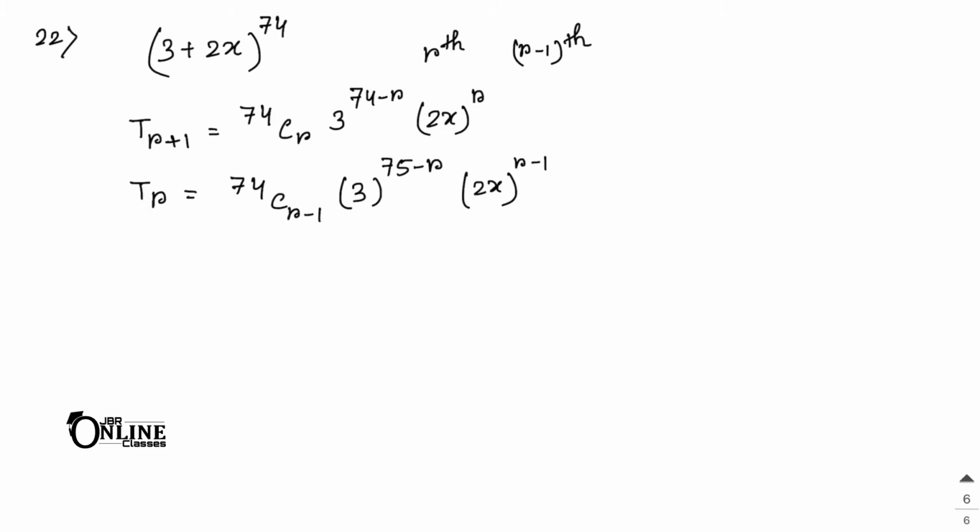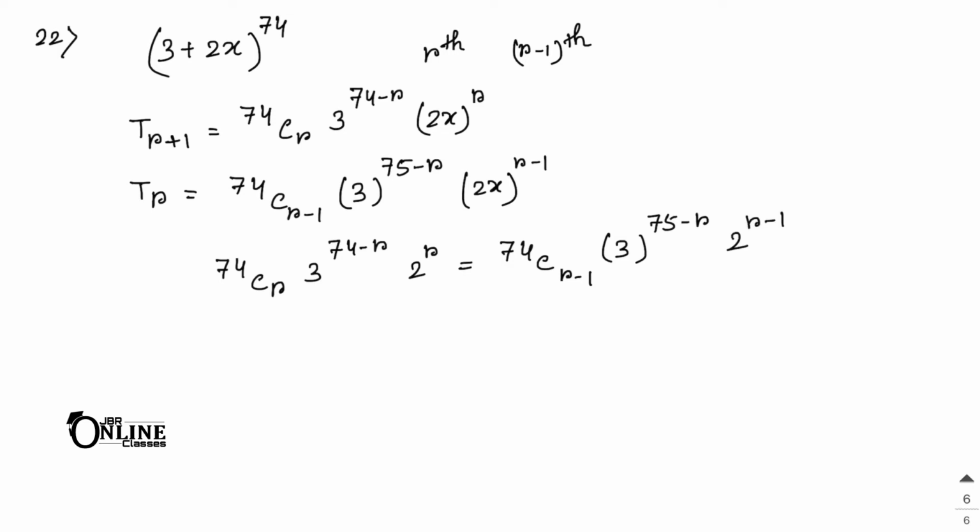Okay, so now you can write down in this way, 74 C r, then 3 to the power 74 minus r, and 2 to the power r, that will be equal to 74 C r minus 1, 3 to the power 75 minus r, and that will be 2 to the power r minus 1. Okay, so left hand side is the coefficient of x to the power r, right hand side is the coefficient of x to the power r minus 1, and it's equal.